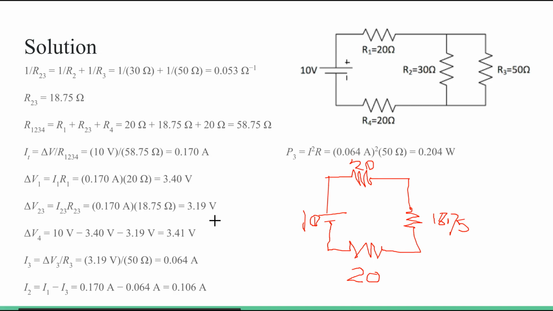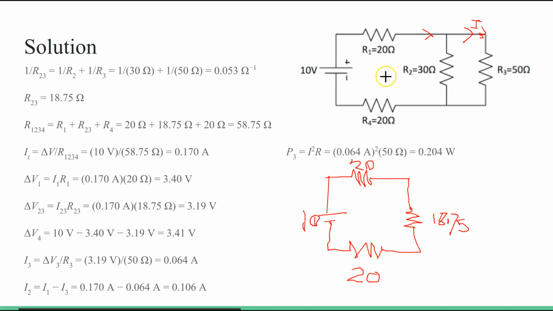That's basically the voltage drop across R23 because it will split apart. So R3 will have the same voltage as R23 because R23 is an equivalent resistance. So that'll be 3.19 volts divided by 50 ohms, and you get 0.064 amperes. So that's I3.